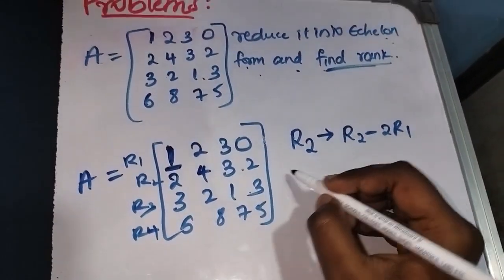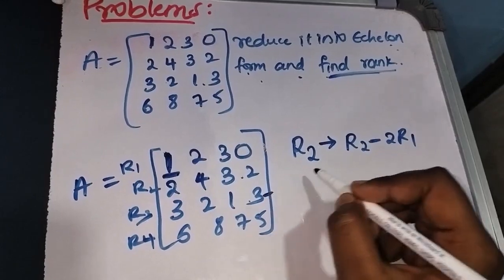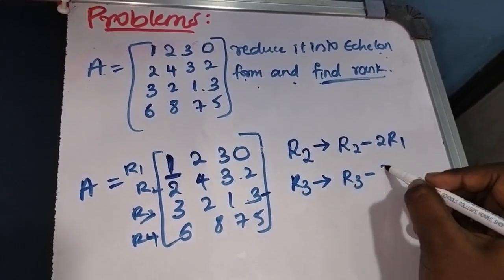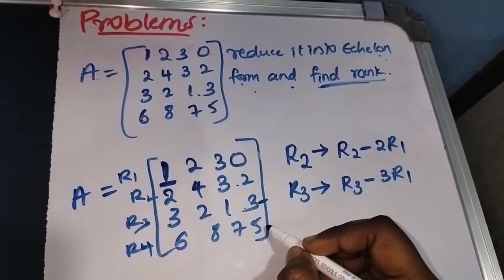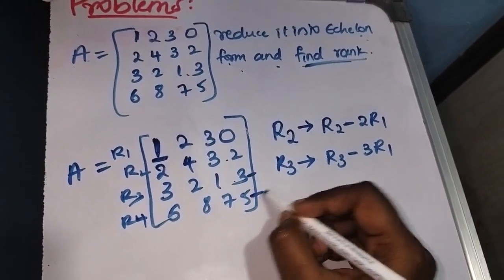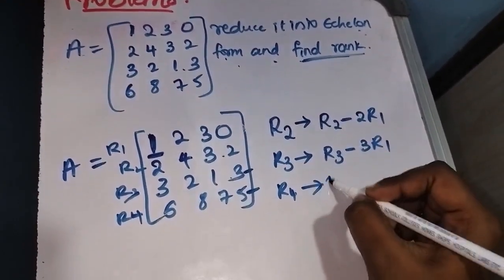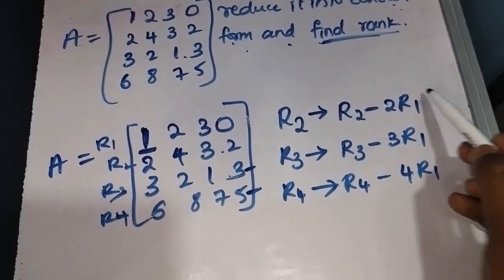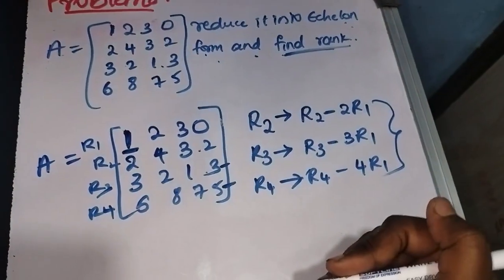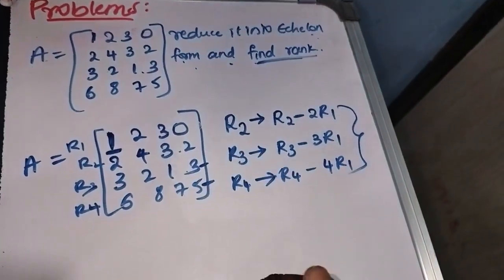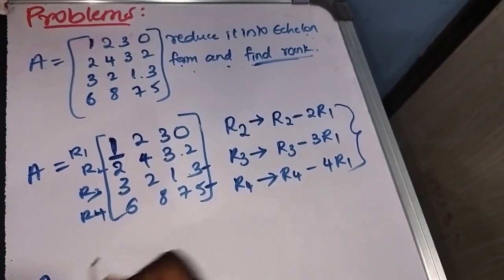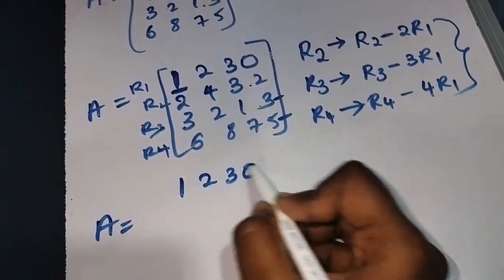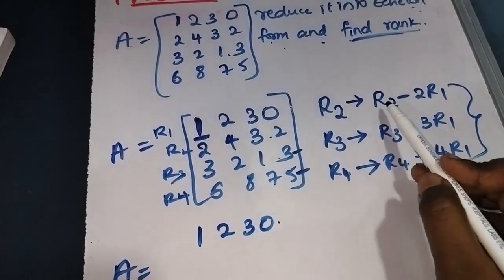And next, let's operate on row 3: R3 is equal to R3 minus 3R1. And now R4: R4 becomes R4 minus 4R1. Based on these three operations, the next matrix can be written, which is known as the reduced form of the matrix. A is equal to, now row 1 is as it is, 1 2 3 0, and row 2 is changed into R2 minus 2R1.